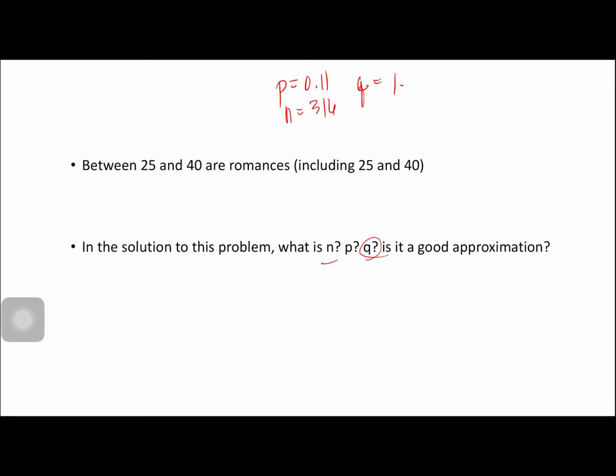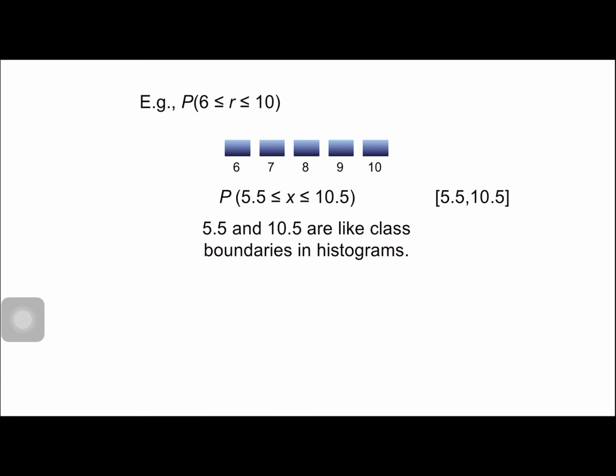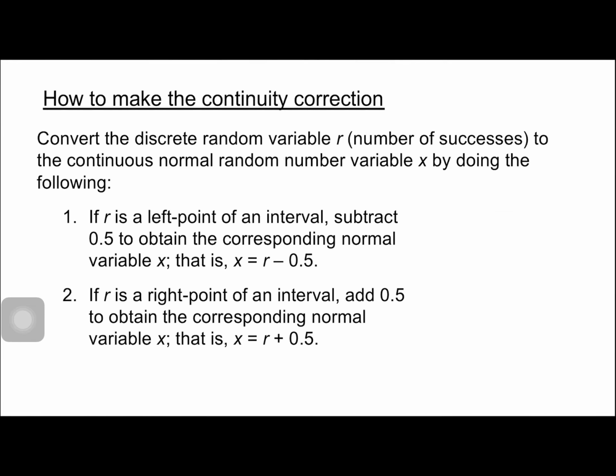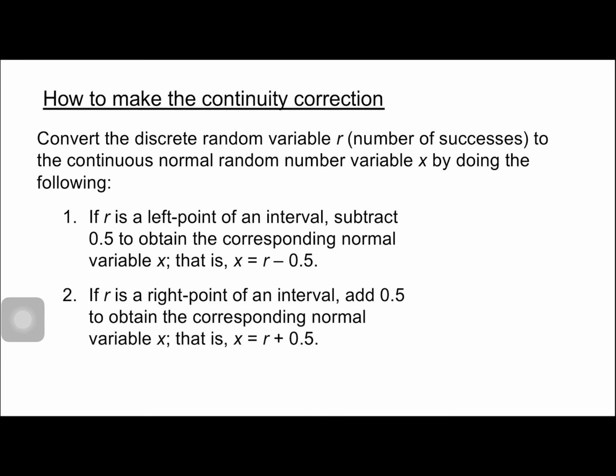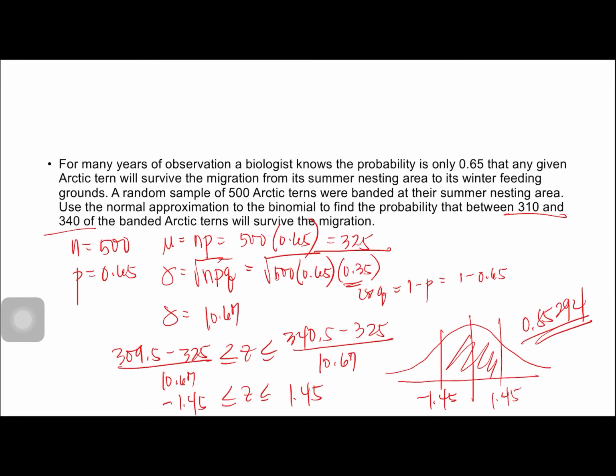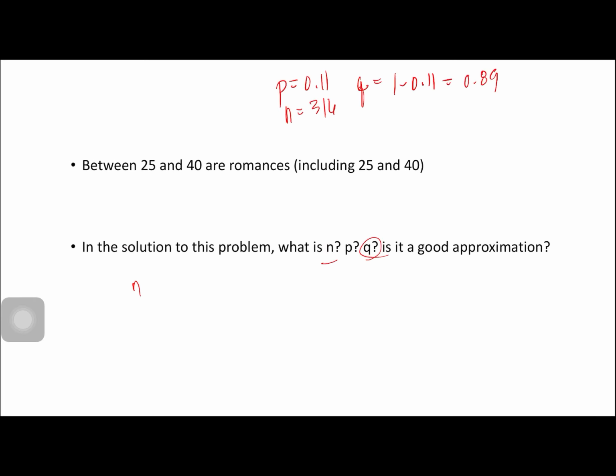What is our q? Our q is equal to 1 minus 0.11, that is 0.89. Okay? So is it a good approximation? Let us compute for that. Remember, if np and nq are greater than 5, then it is a good approximation.